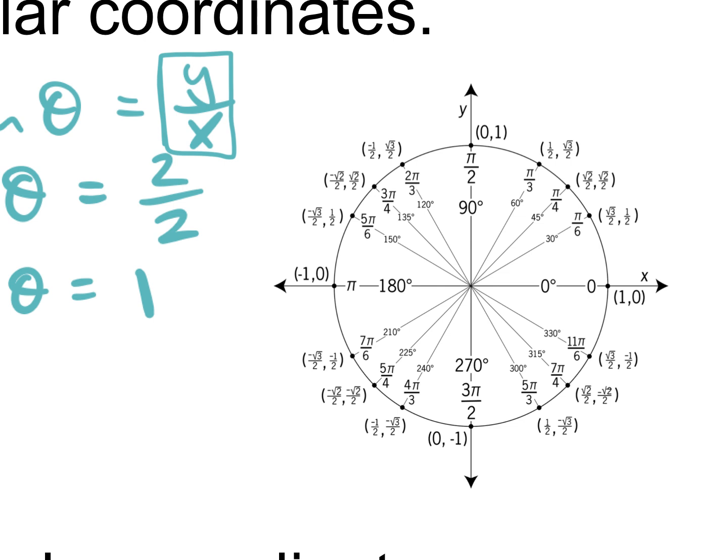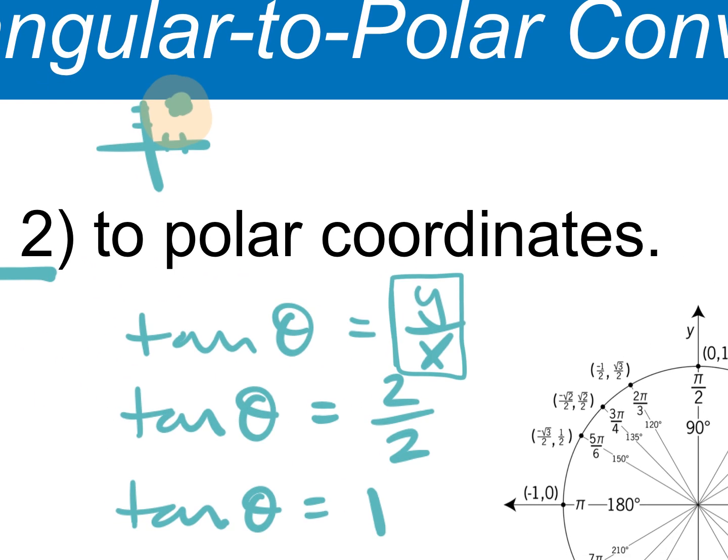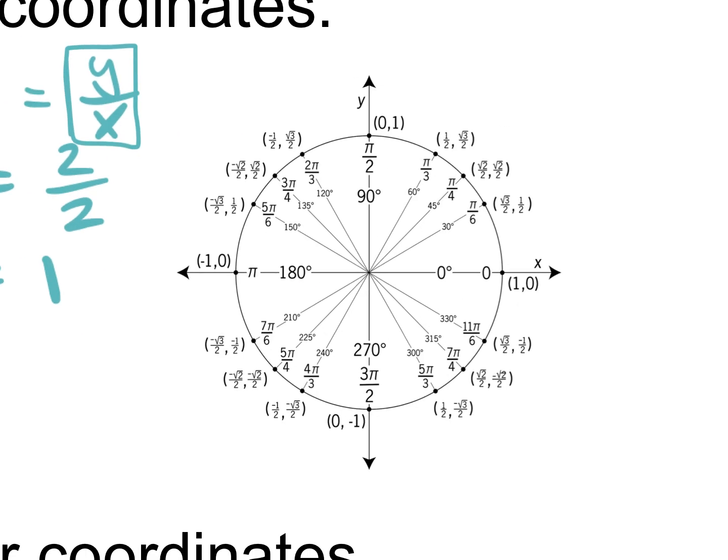What will help us a little bit is we said that our point is in the first quadrant. So we want to look and see where in our first quadrant we get tangent of theta equals 1. Knowing where we graph it gives us a hint that my coordinate is going to be somewhere over here.